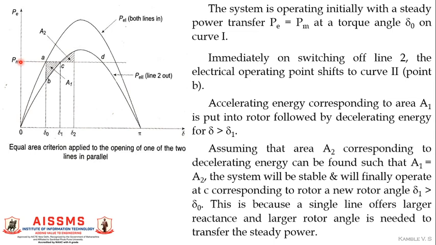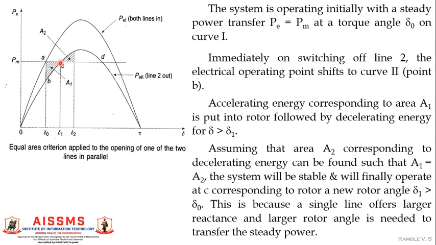Let us say that power is Pe. So Pm will be equal to Pe at the new operating state. That operating state is represented by point C. The corresponding angle is delta 1. So it is clear that though out of two lines, one line is out of service, or if you remove that line for some other work, the same power can be transferred with the help of a single line.